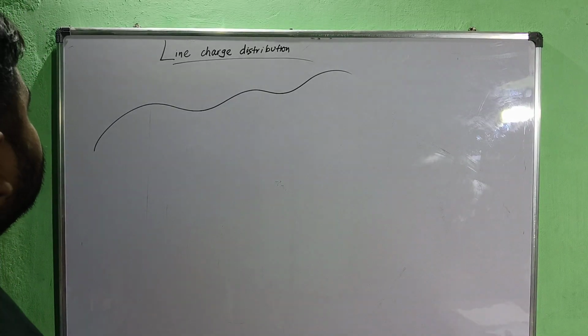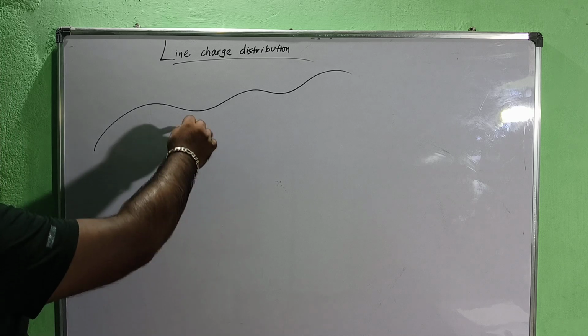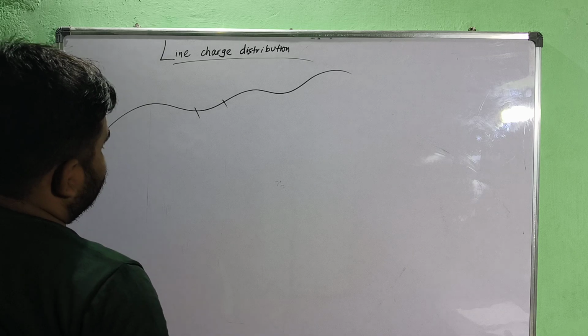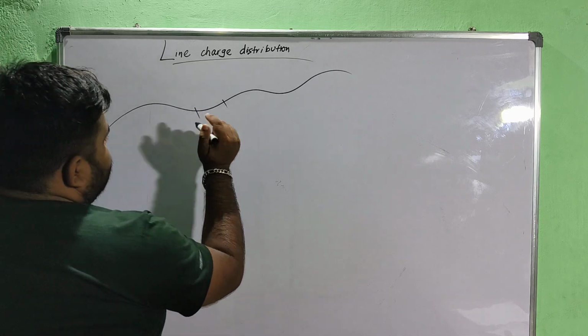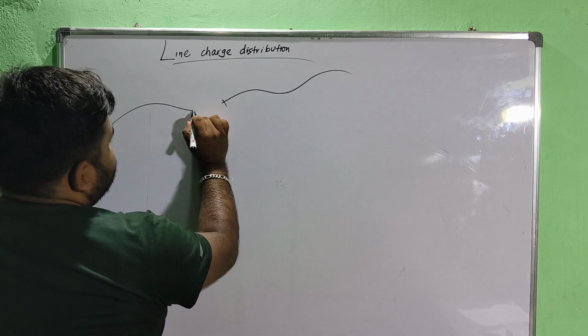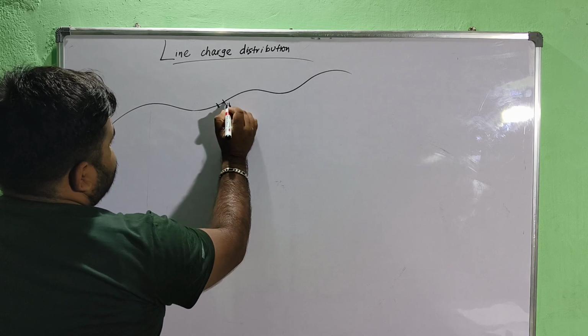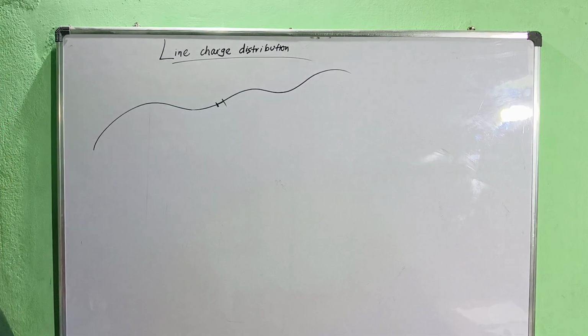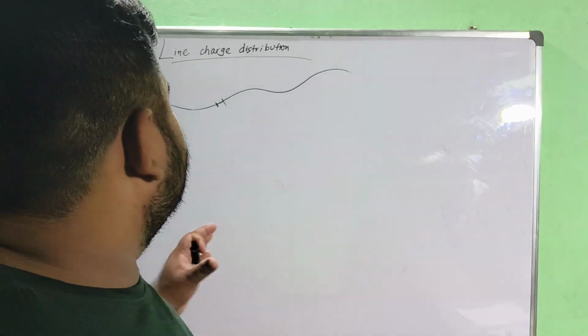Assume an element like this, a straight element, not curved. We are going to consider such small things that it is a straight thing. You should not be worried about straight or curved.